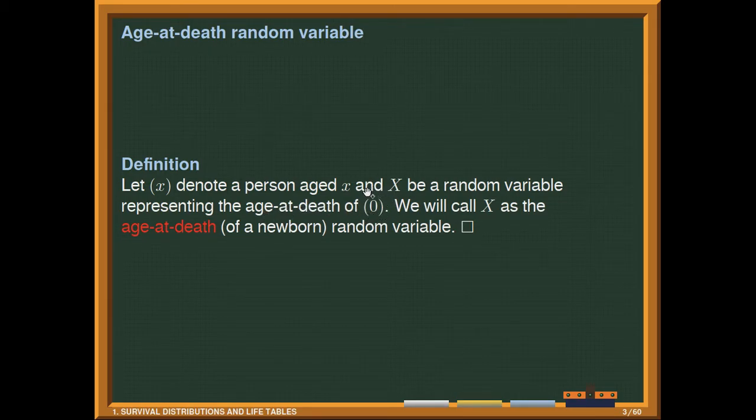Because of this, X is given this special name, the age at death of a newborn random variable. This is the first of the random variables that we will encounter in this course. So capital X is a continuous random variable that represents the age at death of a newborn.